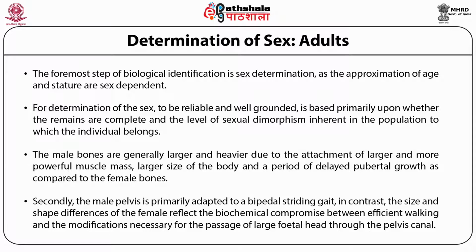Secondly, the male pelvis is primarily adapted to a bipedal striding gait. In contrast, the size and shape differences of the female reflect the biomechanical compromise between efficient walking and modifications necessary for the passage of the large fetal head through the pelvic canal.